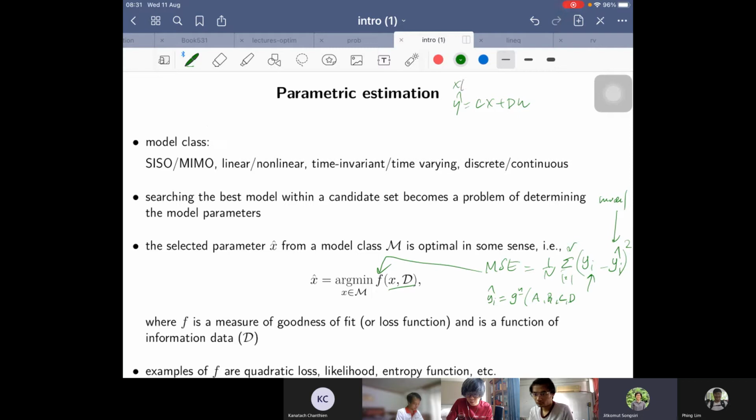This is the state space equation. My y hat is going to be a function of a, b, c, d, but also a function of information data. And the way to see this is not trivial.